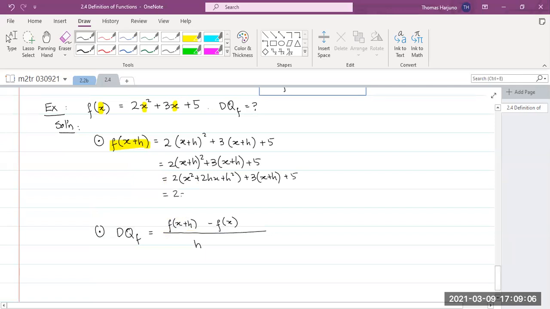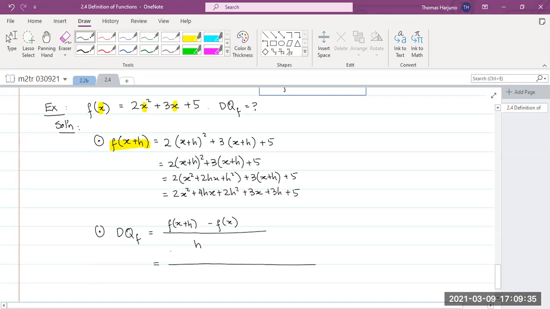That's 2x squared plus 4hx plus 2h squared plus 3x plus 3h plus 5. Now, I hope you see what I'm doing there. Basically, I replace x by x plus h in the function and then simplify as much as I can before I put that big chunk into the difference quotient.